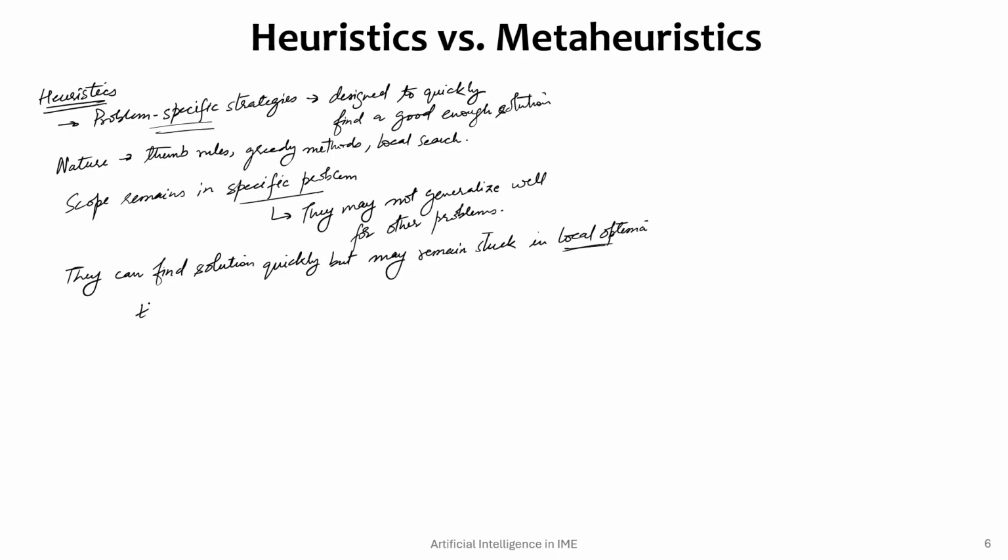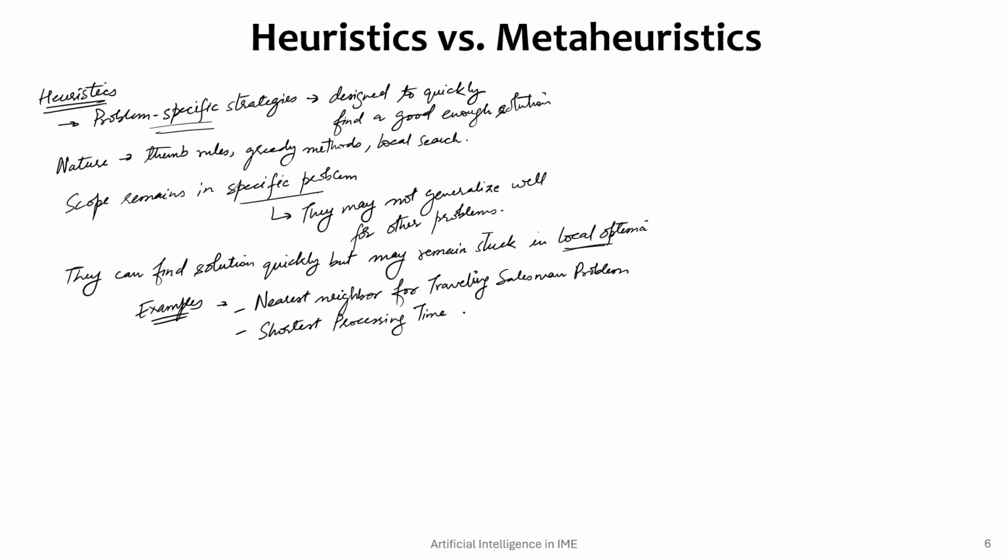So examples of these kinds of heuristics could be the nearest neighbor for the traveling salesman problem, or the shortest processing time algorithm for scheduling problems.